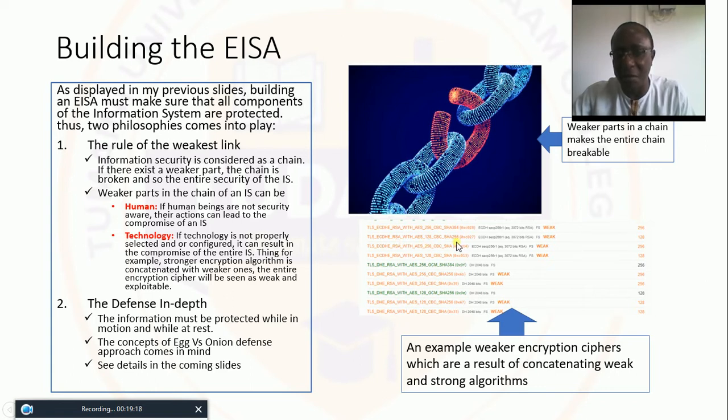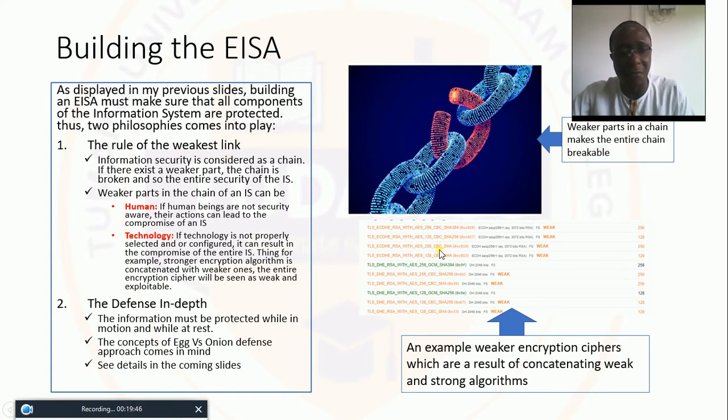They configured encryption ciphers or encryption suites wrongly by mixing stronger and weaker encryptions, and as a result the entire encryption cipher is weak and it can be broken very, very easily. They didn't consider the concept of the weakest link, making them vulnerable to attack.